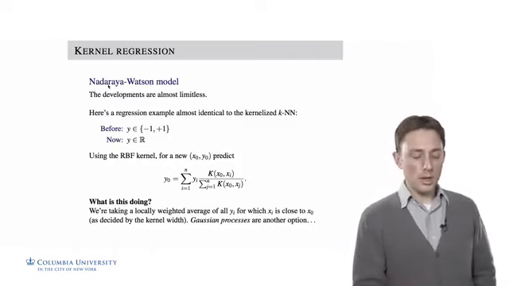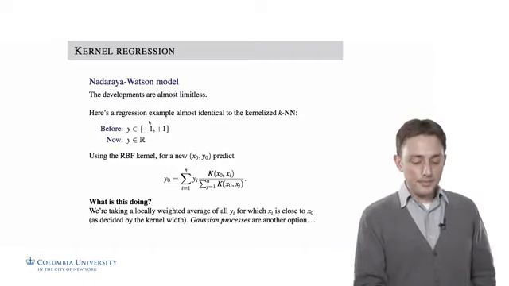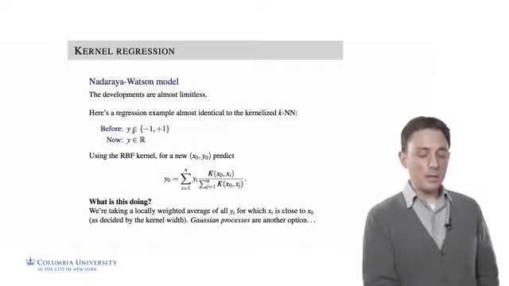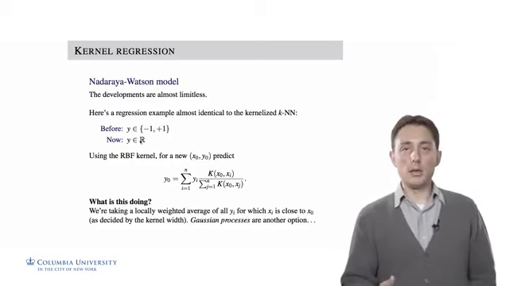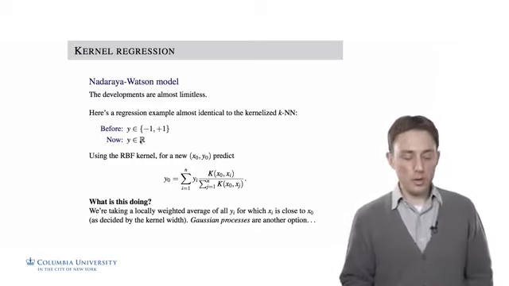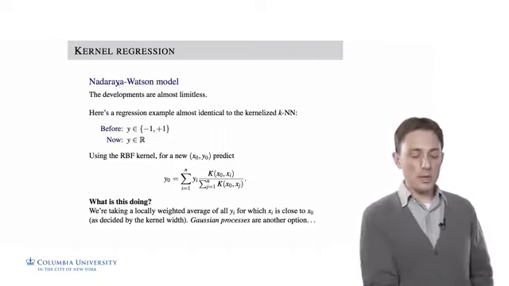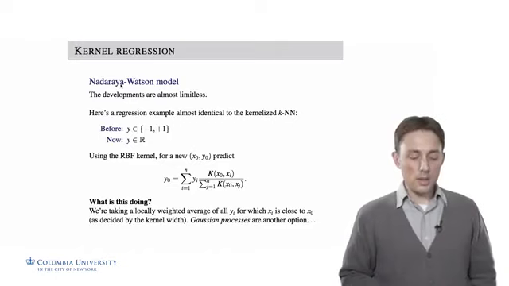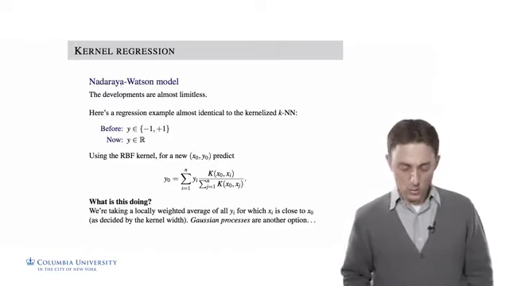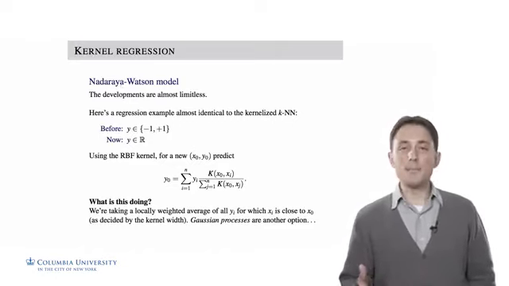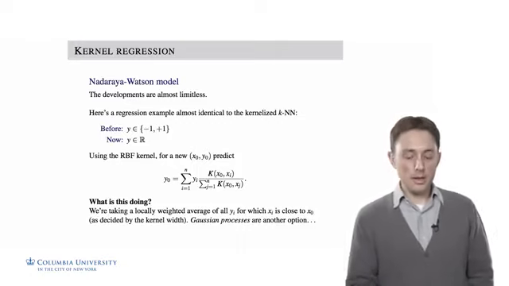rules. And here, the only difference is that before, y was a +1 or -1 label, now y is a value in R. It's a real valued number, and we want to predict a real valued number. So what this model does is essentially the same as the soft KNN model from the previous slide.